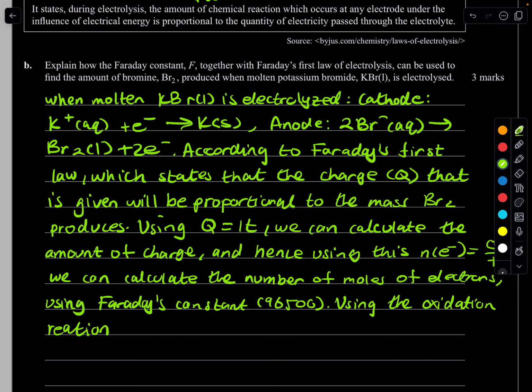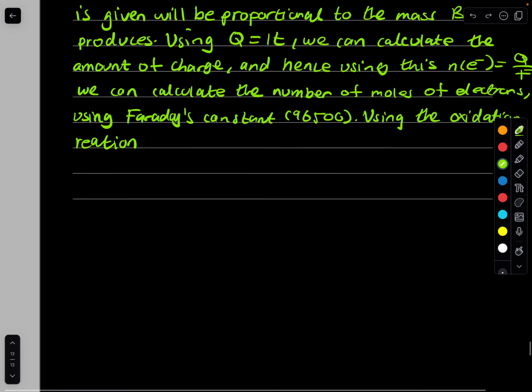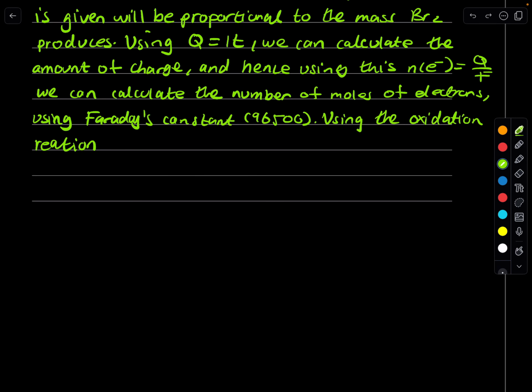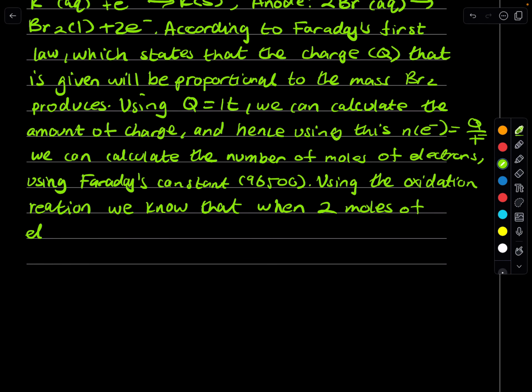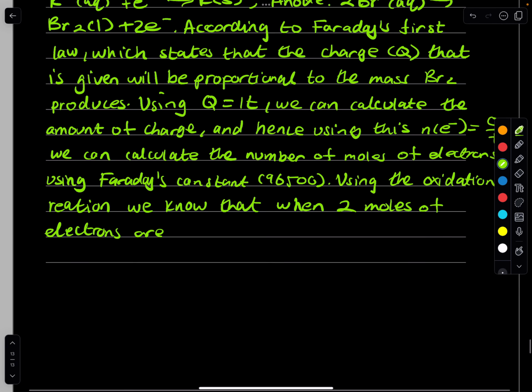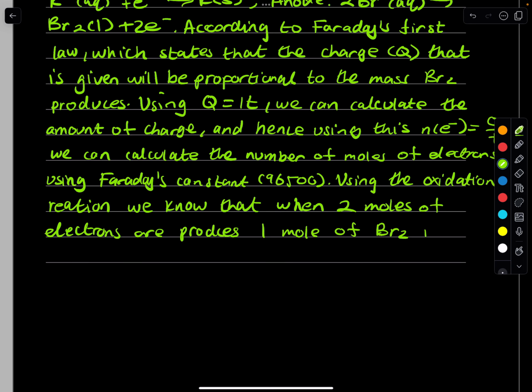We get 2 Br minus aqueous gives us Br2, and we need 2 electrons. So using our oxidation reaction, we know that when 2 moles of electrons are produced, 1 mole of Br2 is produced.